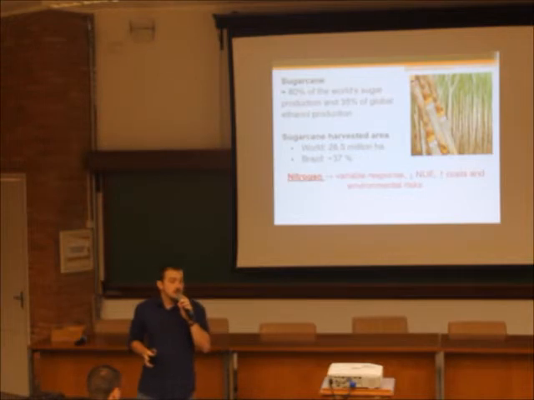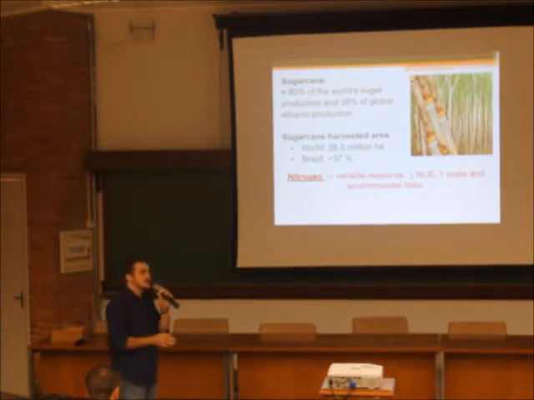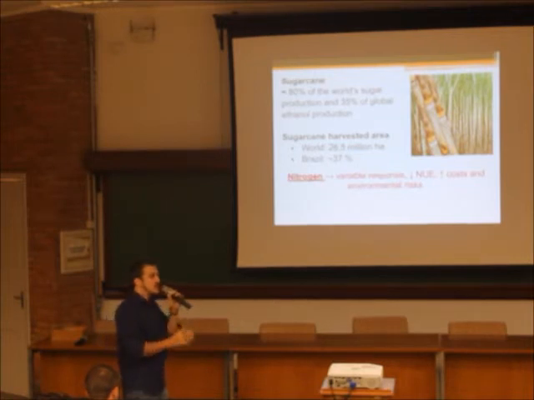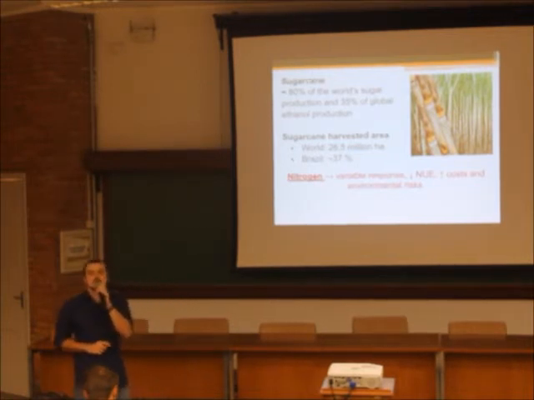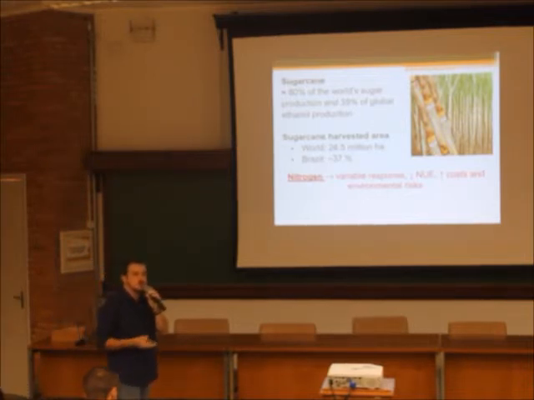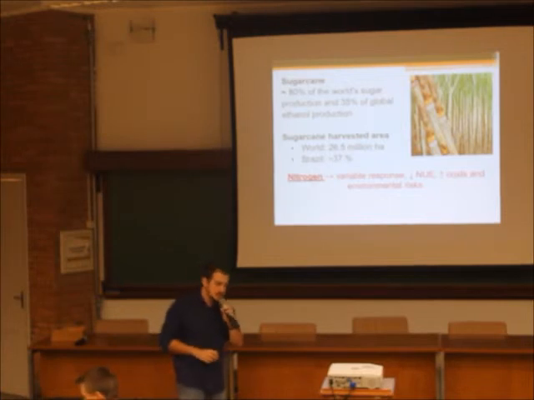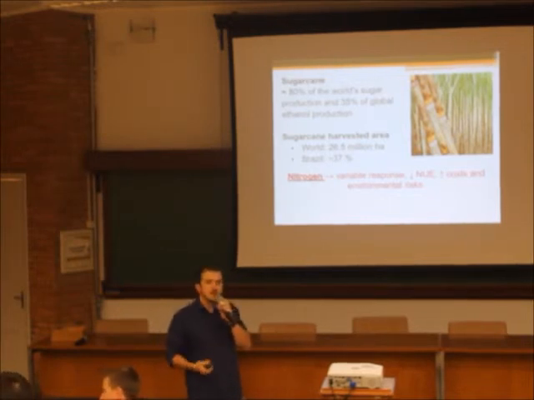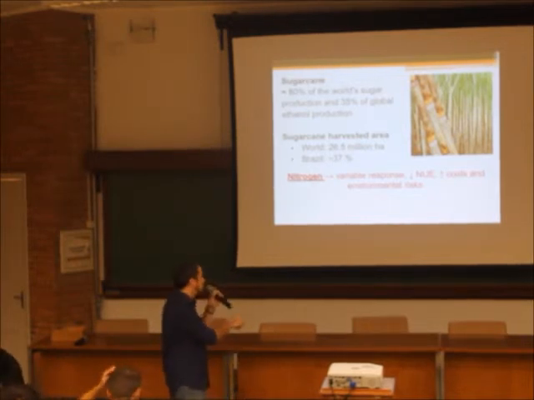And we need to address nitrogen in this crop, because nitrogen is still a challenge for the growers, since sugarcane frequently shows a variable response to this application, and consequently a low nitrogen use efficiency.